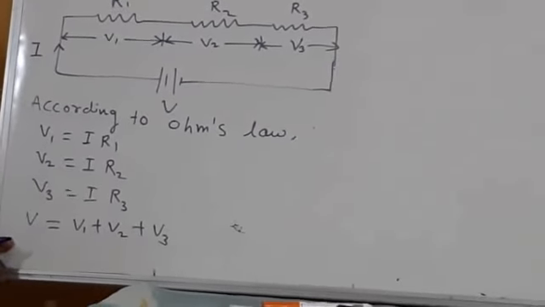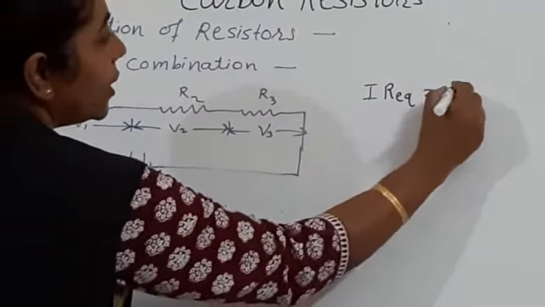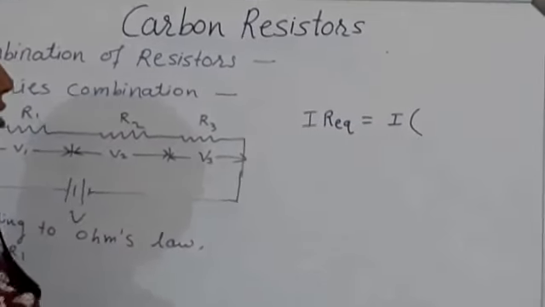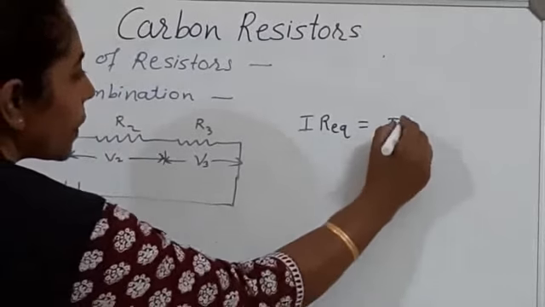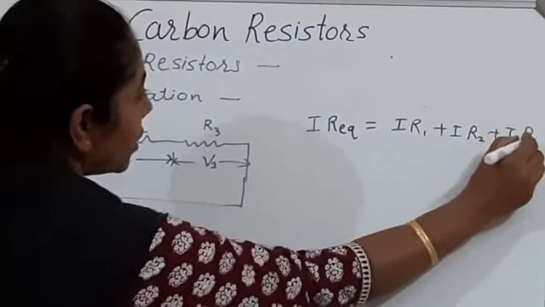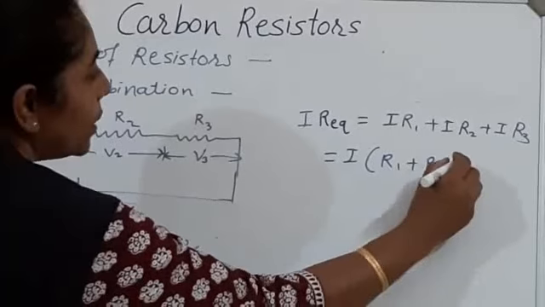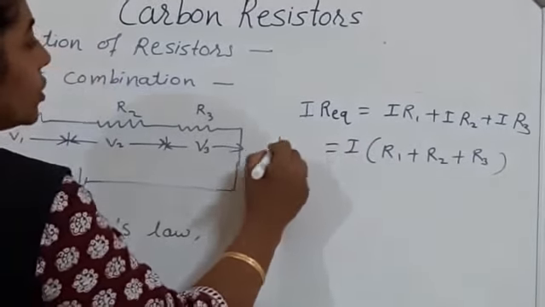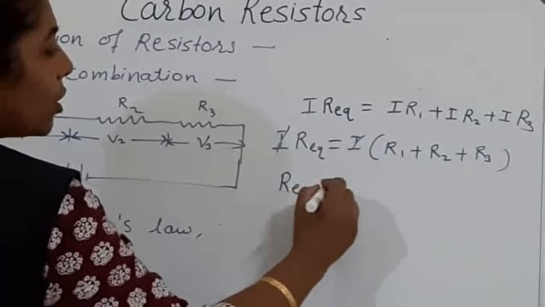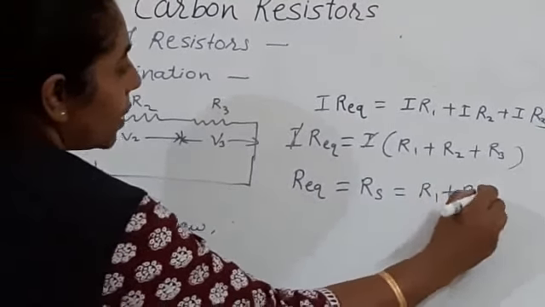Total potential is I into R equivalent, which is equal to I R1 for the first resistor, plus I R2 plus I R3. So you take I common here, R1 plus R2 plus R3. This I is cancelled with the left side. So you will get R equivalent, or you can call it Rs also, equal to R1 plus R2 plus R3.